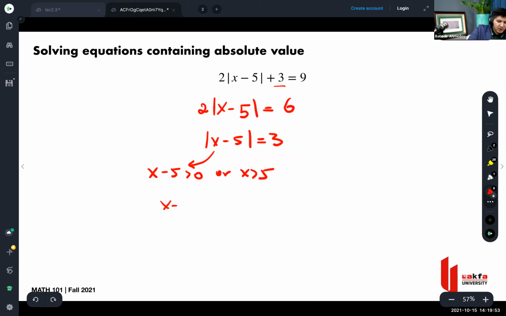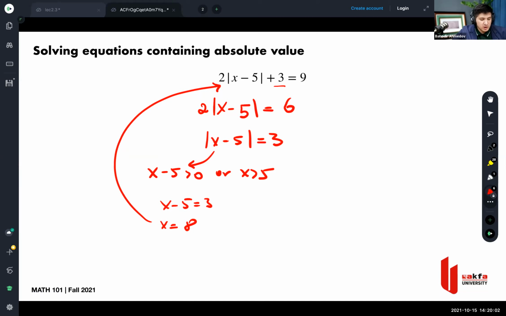And it's going to be x minus 5 is equal to 3, then x is equal to 8. And indeed, if I substitute x equal to 8 here, it's going to be 2 times 3, which is 6, plus 3, it's going to be 9, which is true, right? If x is more than 5.